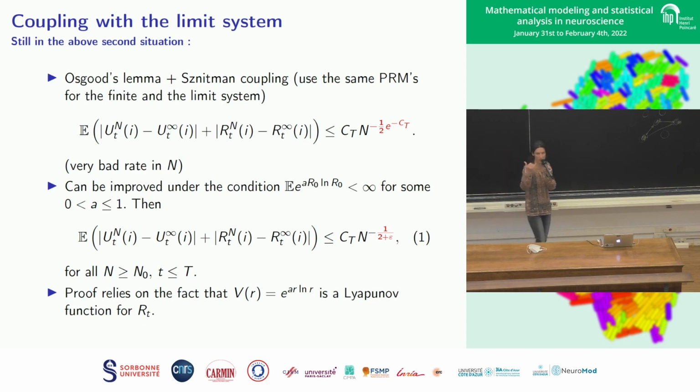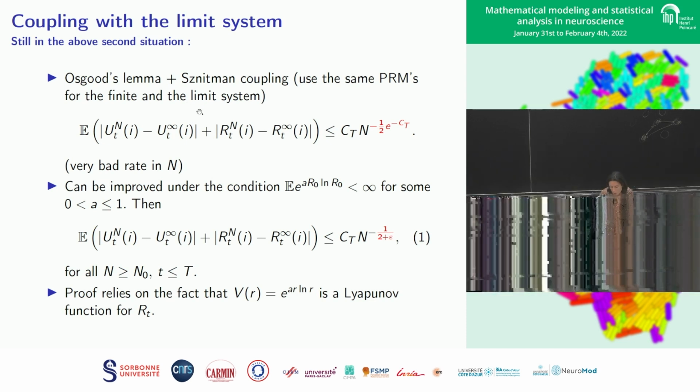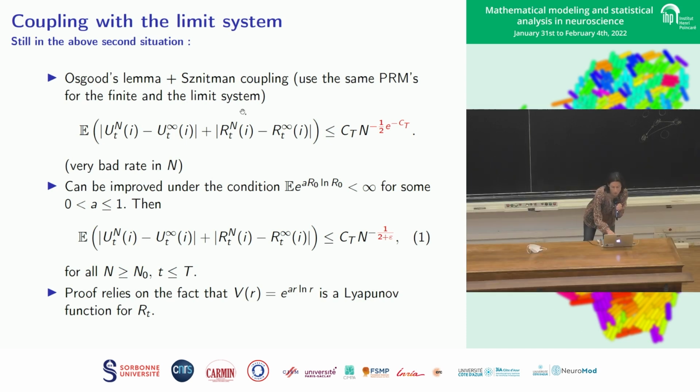If I take now the finite neuron system and couple it with the limit system, so I use the same Poisson random measures for the finite system of neurons and for the infinite one, I can couple them together under these conditions on initial exponential moments for the residual calcium values, and I get a very bad weight in n, which actually I'm not able to control. But still we know it converges over finite time intervals.